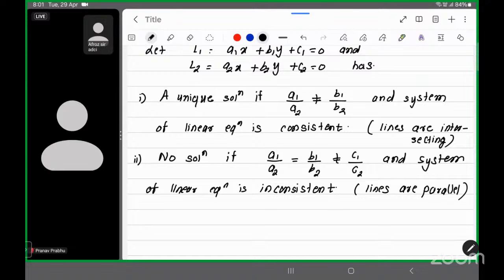Whenever we get at least one solution, then it is consistent. If we have no solution, then the system is called inconsistent.